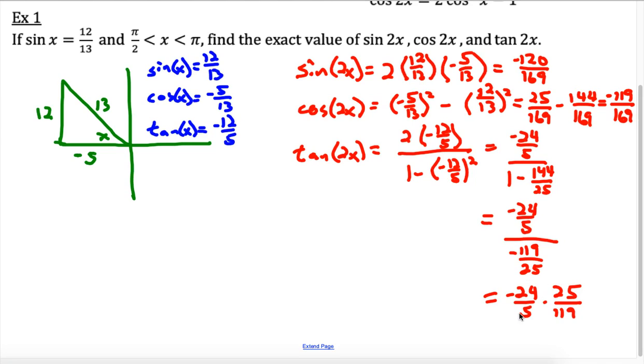I can reduce, since 25 over 5 reduces to 5 over 1. Multiplying this out, negative 24 times 5 would be negative 120 over 119. Okay, so those are our final answers: sine, cosine, and tangent of twice my x angle.